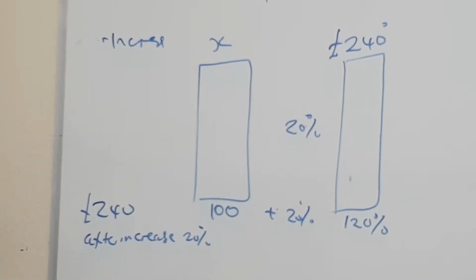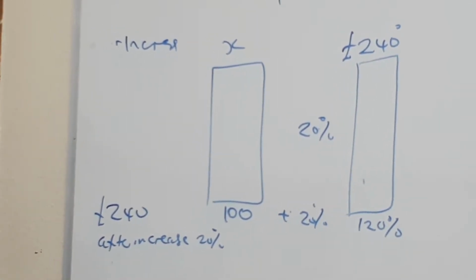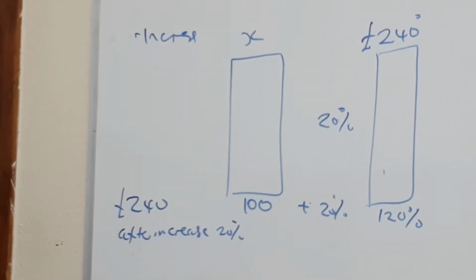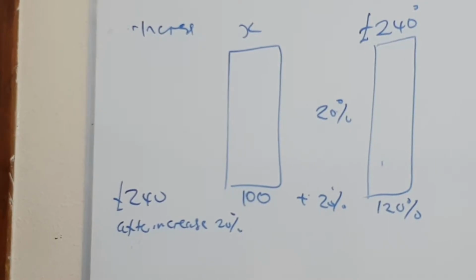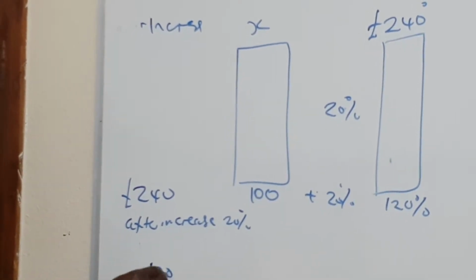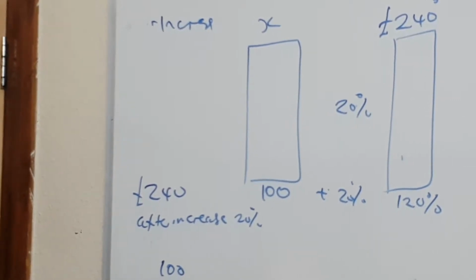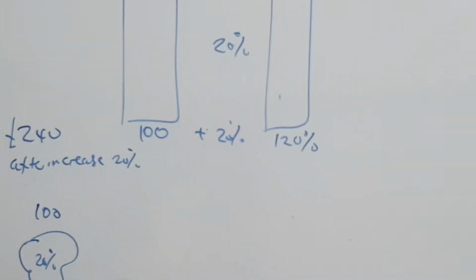Okay, or you go to the market, they said discount of 20% on every good. You understand? So a good that is 100 on sale will now be how much? £80. You get it?